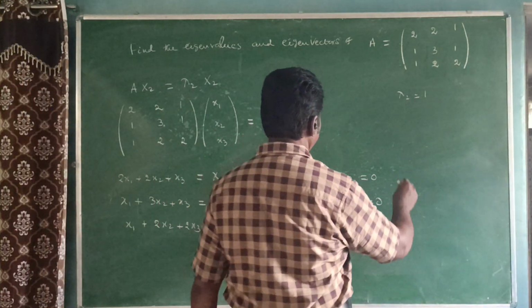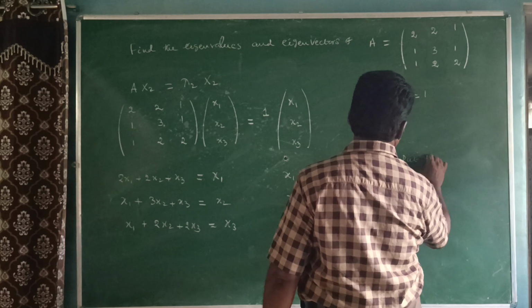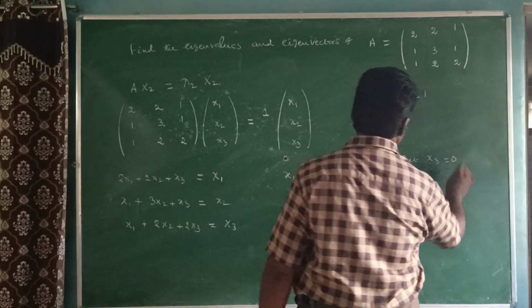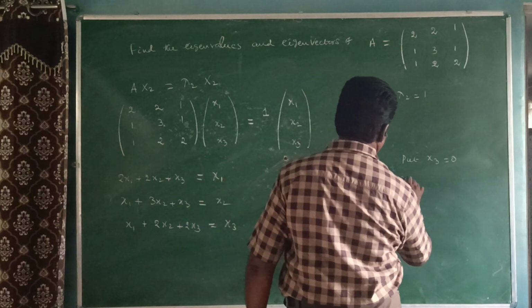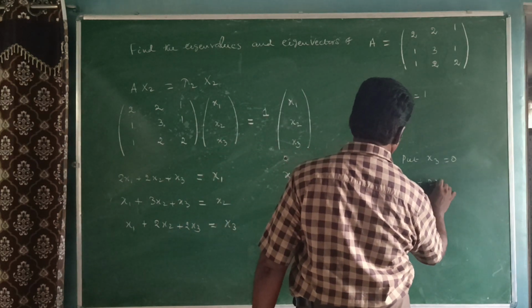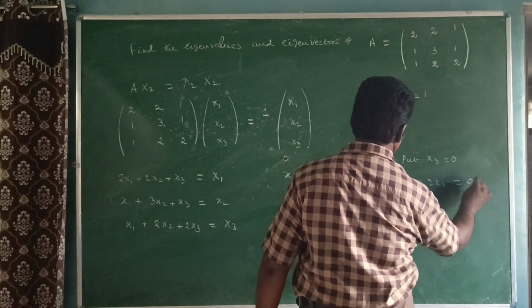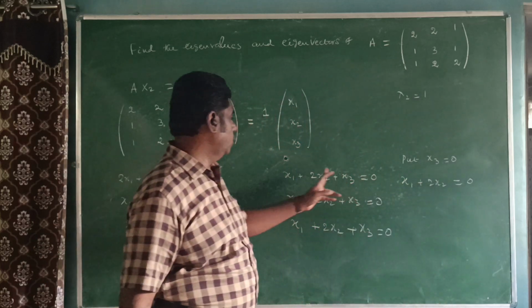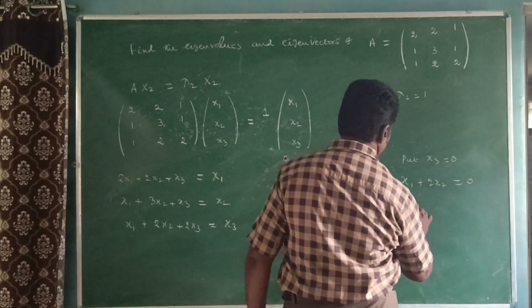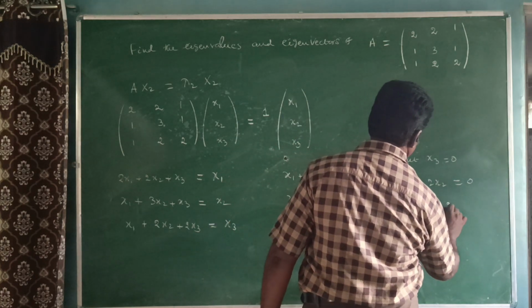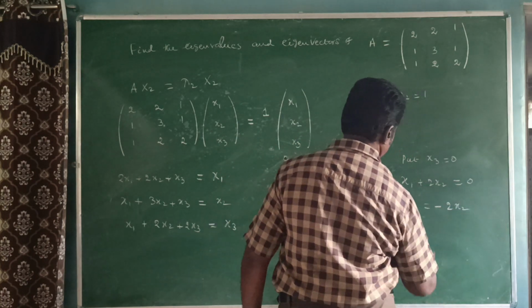Here, put x3 equal to 0. If you put x3 equal to 0, you can get x1 plus 2x2 equal to 0. Then x1 is equal to minus 2x2.